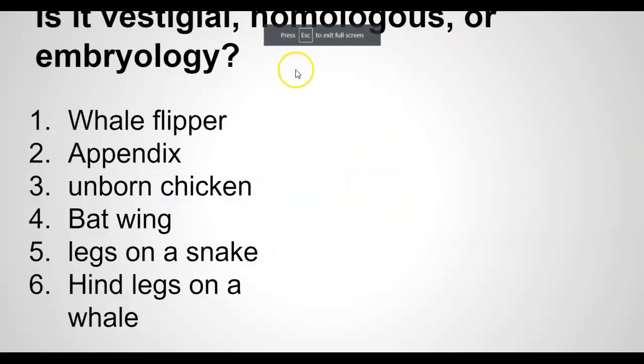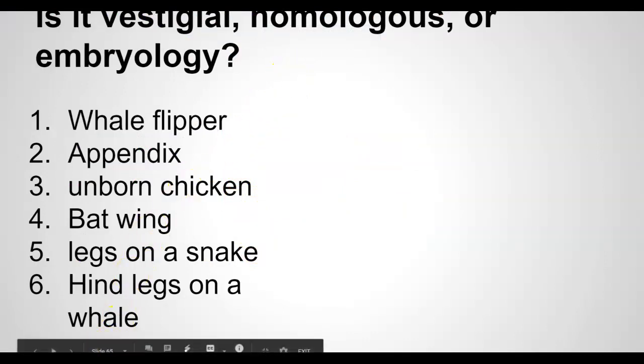All right, is it vestigial, homologous, or is it from embryology? So a whale flipper, is that a homologous structure? Is that a vestigial structure? Or is that embryology? Remember the picture of the whale flipper? That is a homologous structure.